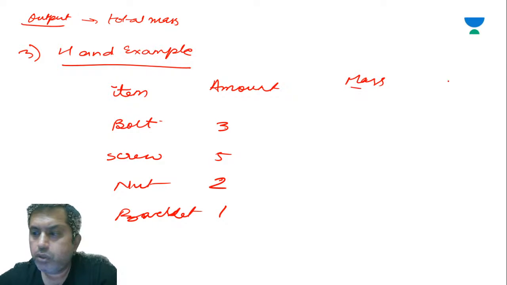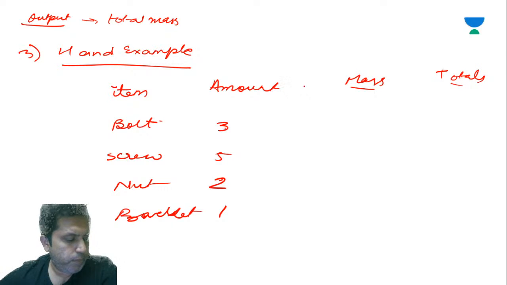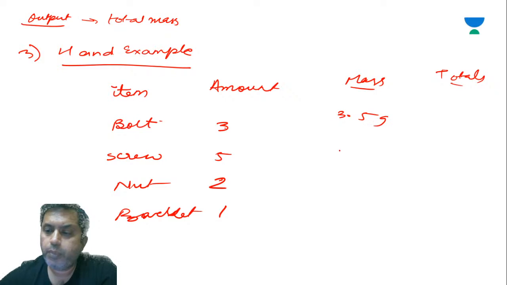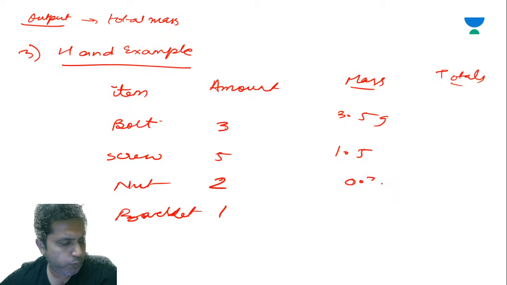Mass, this is total. Mass is equal to 3.5 gram, 1.5 gram, 0.7 gram, 1.75 gram.